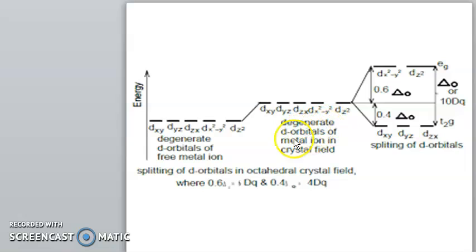These are the degenerate d orbitals at a higher energy level in the crystal field, and this is the splitting: dx square minus y square and dz square are raised by 0.6 delta octahedral, and dxy, dyz and dxz, the T2G orbitals, are lowered by 0.4 delta octahedral, and the total distance between EG and T2G is delta octahedral or 10 Dq. Today we stop here.